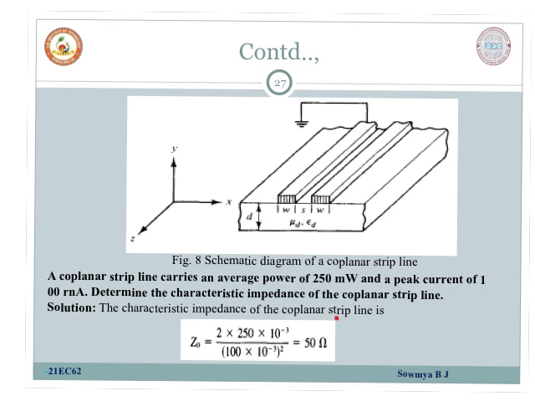The characteristic impedance is Z0 equal to 2 times the average power, that is 250 into 10 power of minus 3, divided by I square, that is peak current squared, that is 100 into 10 power of minus 3 the whole square, resulting in the impedance value of 50 ohms.